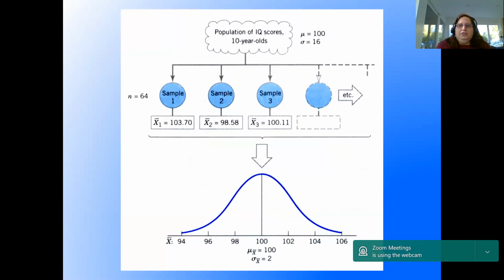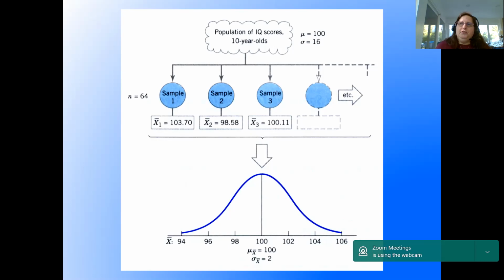Let's look at the population of IQ scores of 10-year-olds. You have IQ scores for 1 million 10-year-olds, and you reach into that vat of 1 million IQ scores. Imagine they're each written onto a slip of paper, and you pull out 64 of them.